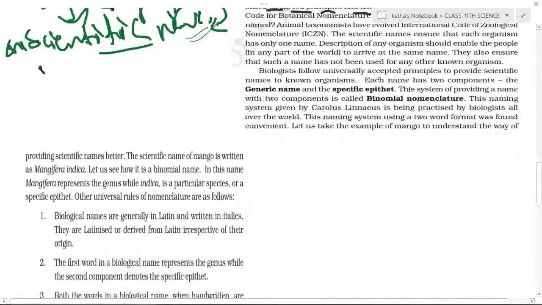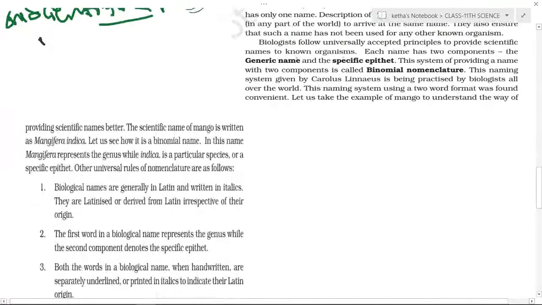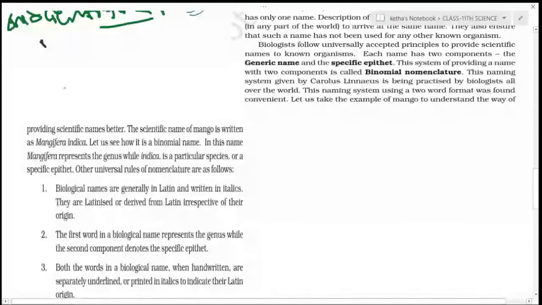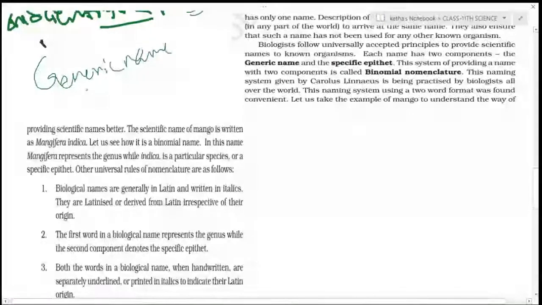Biologists follow universally accepted principles to provide scientific names to known organisms. Each name has two components: one is the generic name and the other is the specific epithet.